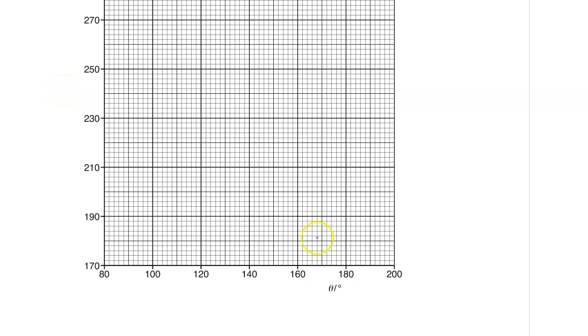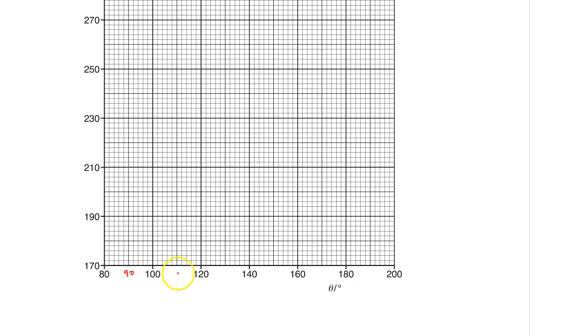The y-axis is the reciprocal of current right here, and the x-axis is the angle theta. You may notice the graph is not starting at the origin, so this is 80, this is 100, and in between here I can slot in 90.